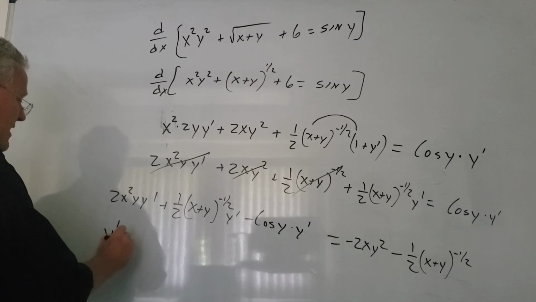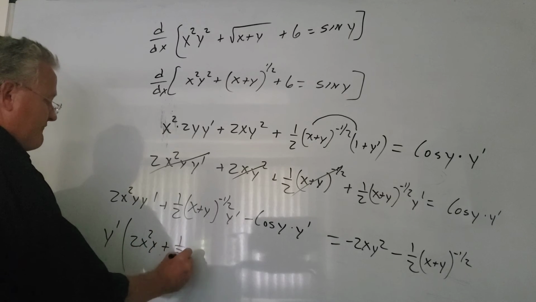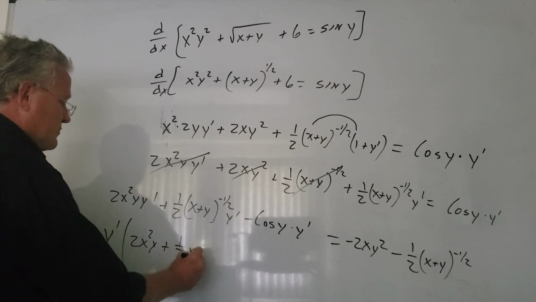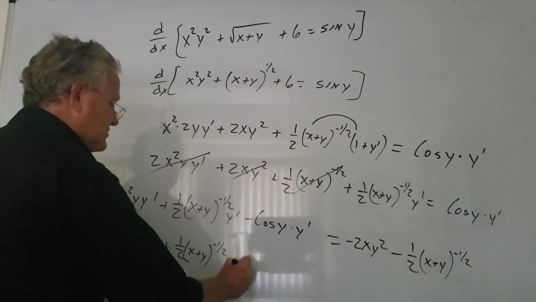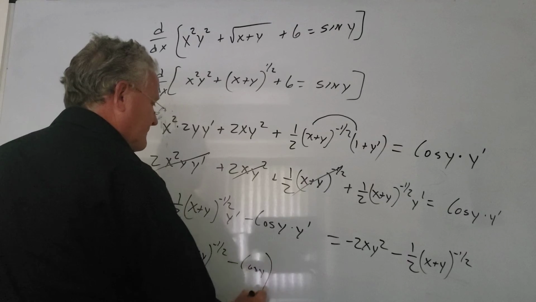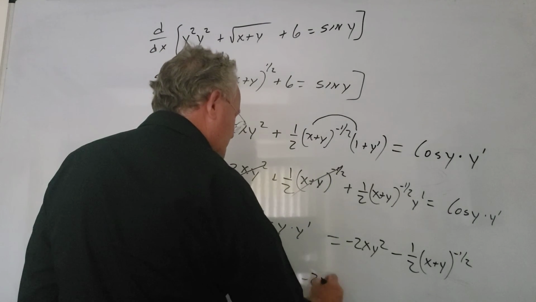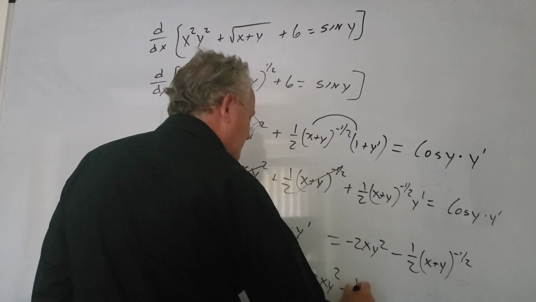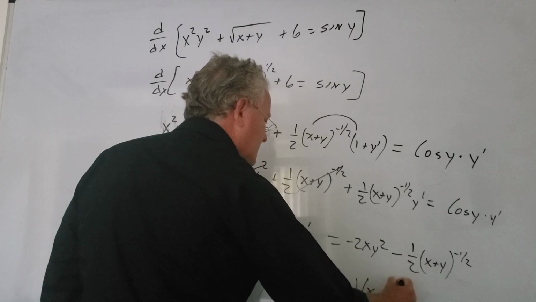So we get y prime times (2x squared y plus 1/2 (x plus y) to the negative 1/2 minus the cosine of y), because I factored out the y prime. And on this side we have minus 2xy squared minus 1/2 (x plus y) to the negative 1/2.